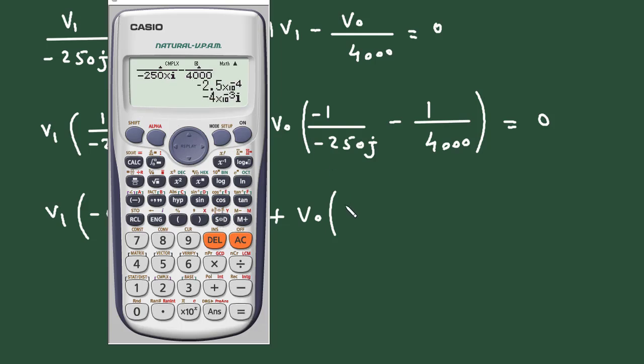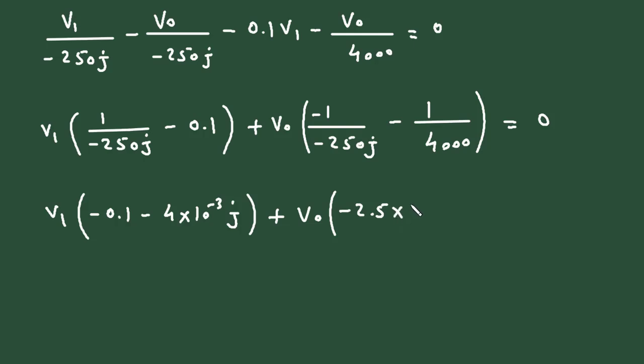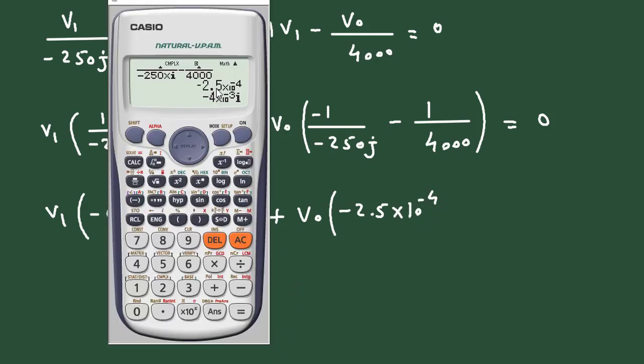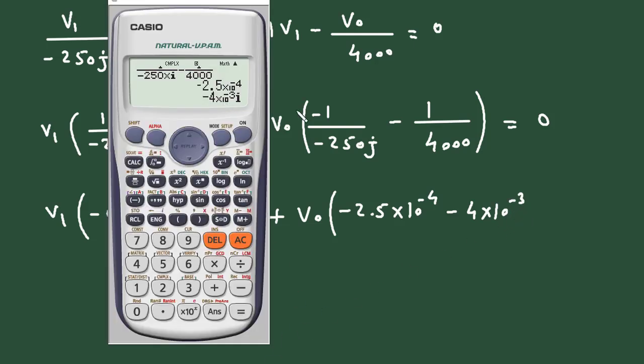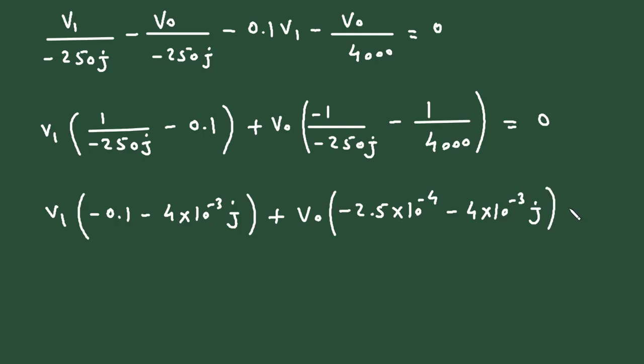So minus 2.5 into 10 to the power minus 4 minus 2.5 into 10 to the power minus 4 minus 4 into 10 to the power minus 3 j is equal to 0. Now this is equation number 2.